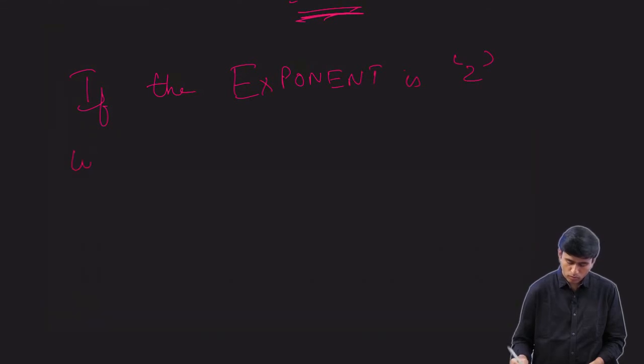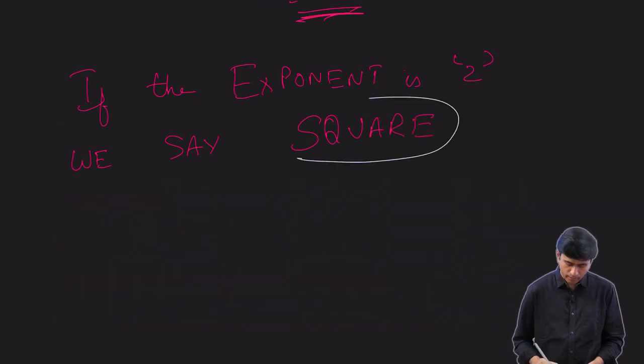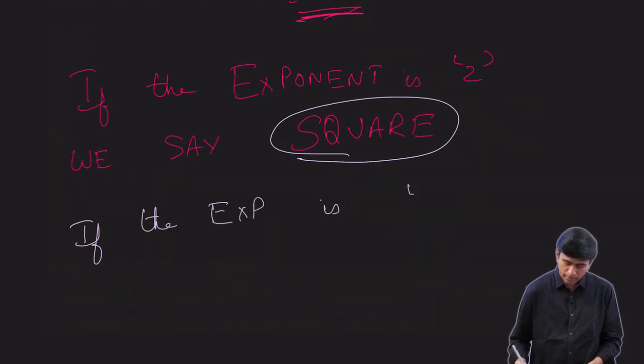So if the exponent is 2, we say square. That's right. If the exponent is 3, we say cube.